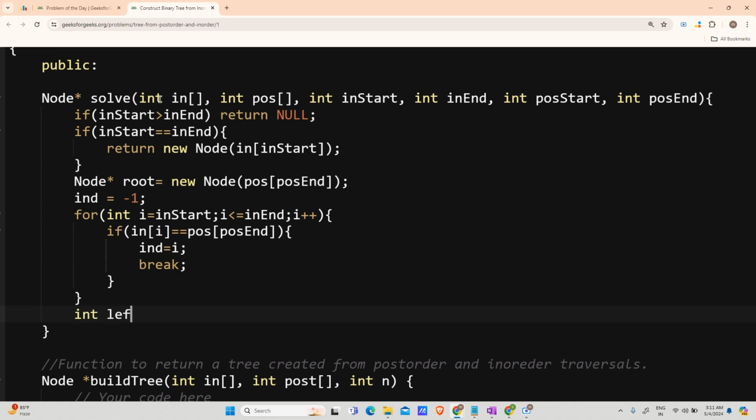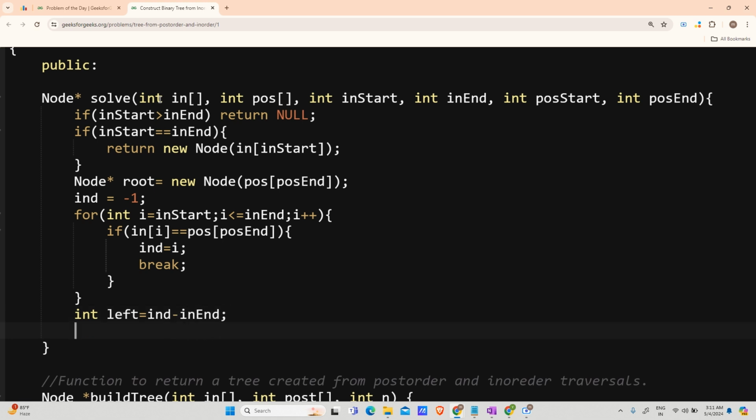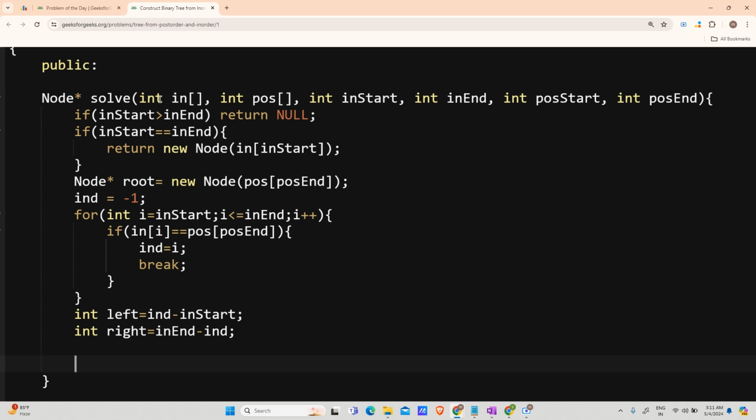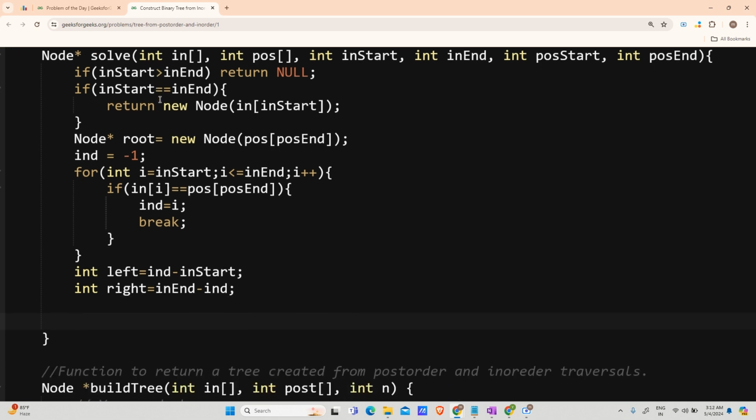Now what is my left? We discussed my left is actually equal to index minus in start. And similarly my right is in end minus index, right? Now we just have to define the right subtree and left subtree. So root's left subtree now becomes solve for both the arrays.